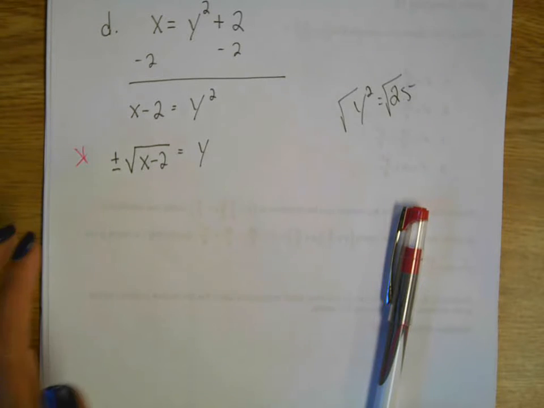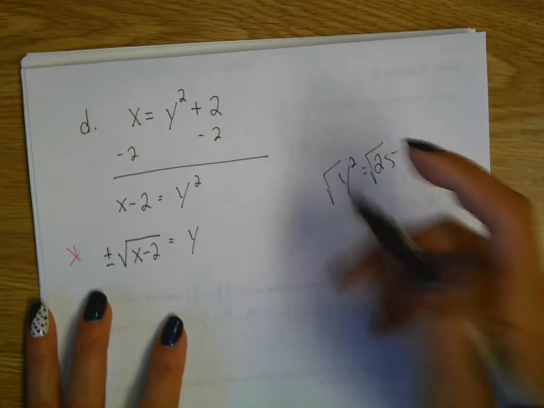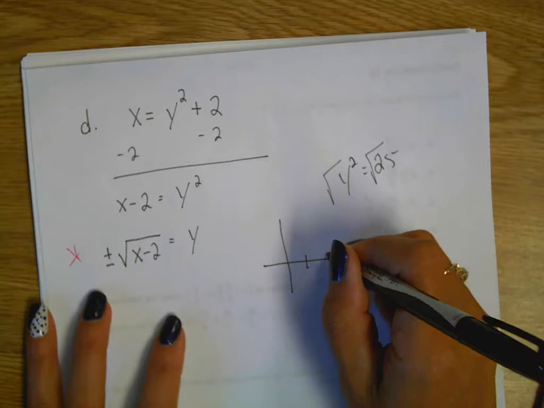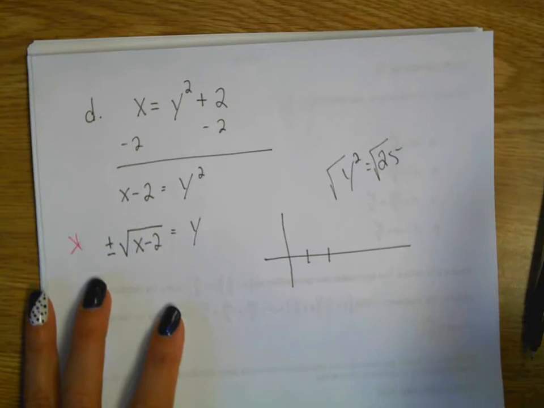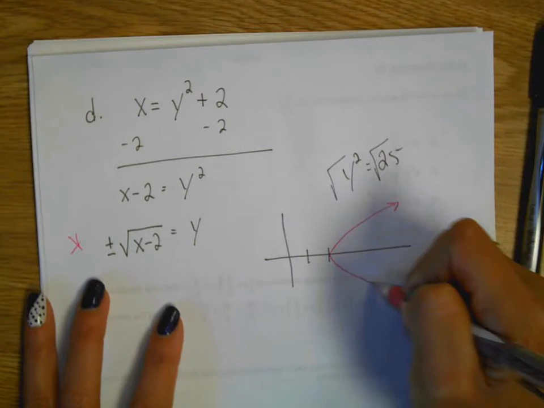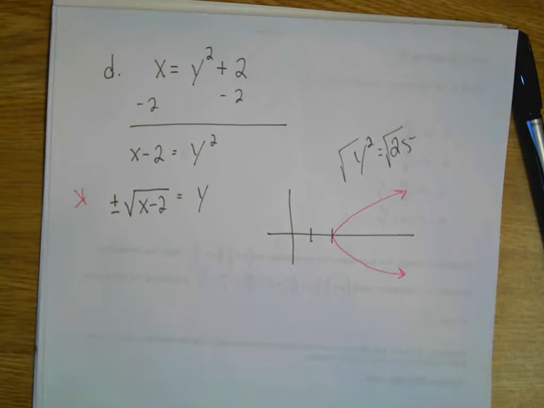Vertex at 2. As this keeps going, it's going to get farther apart, so higher, lower, and farther out, farther out, farther out.